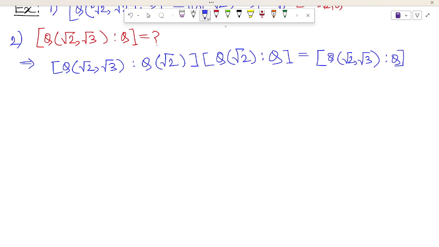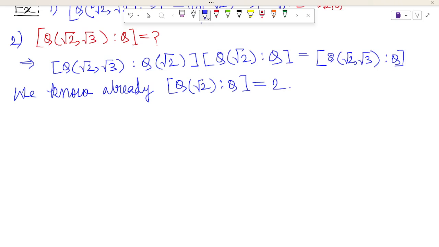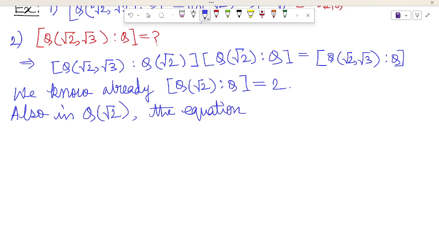What happens? Okay. We know already, also, in Q root 2 the equation x square minus 3 equal to 0 is satisfied by root 3.